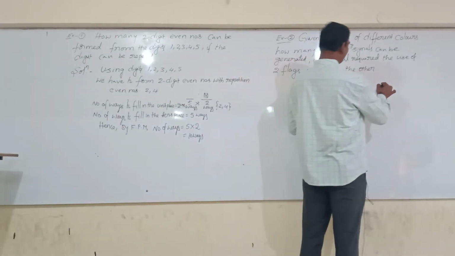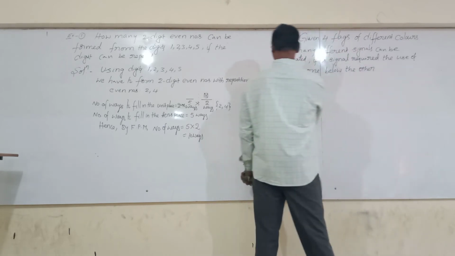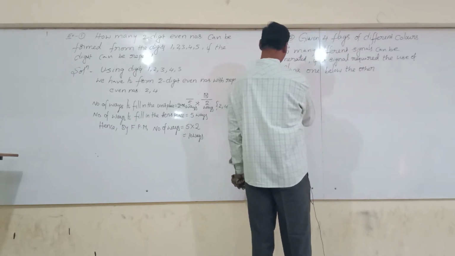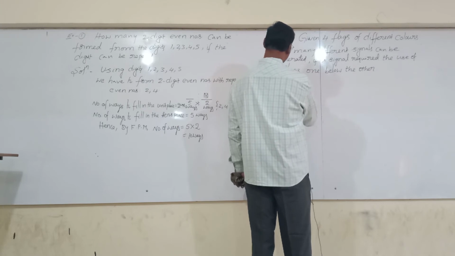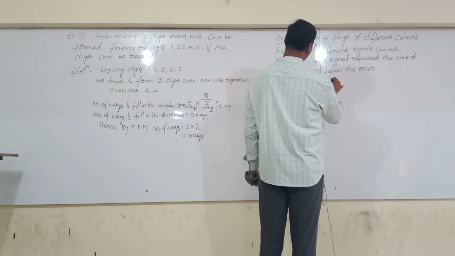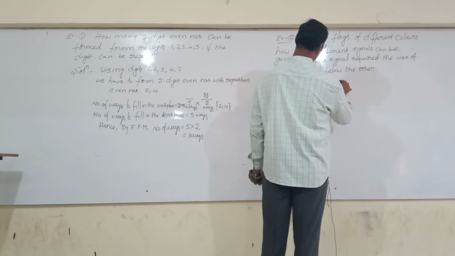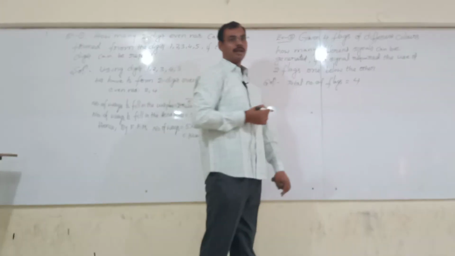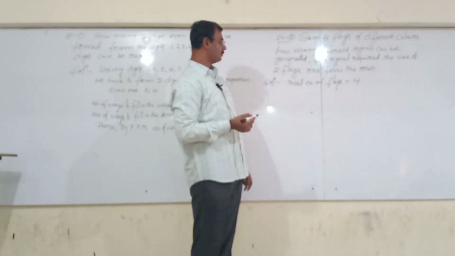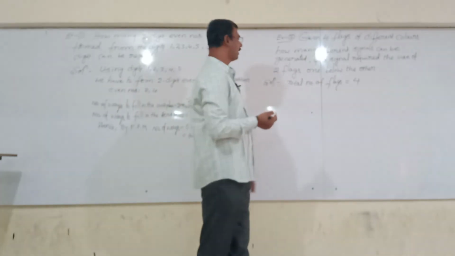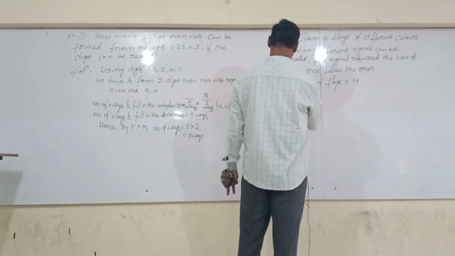So shall we make a diagram like this? Firstly, take the number of flags here. Total number of different flags is equal to 4.